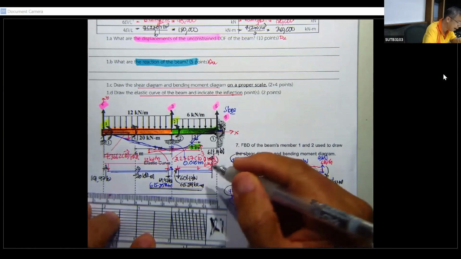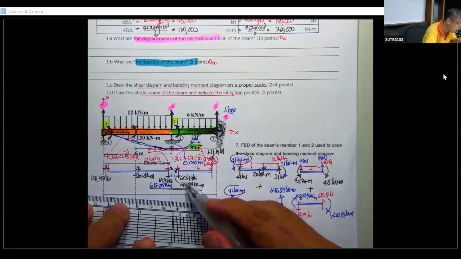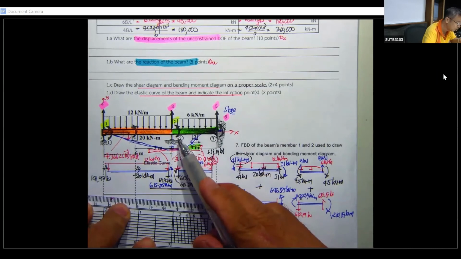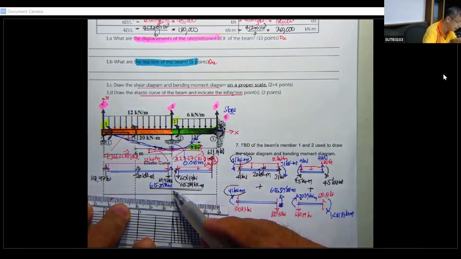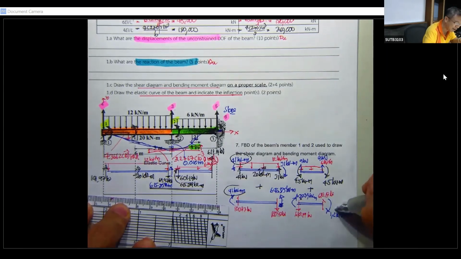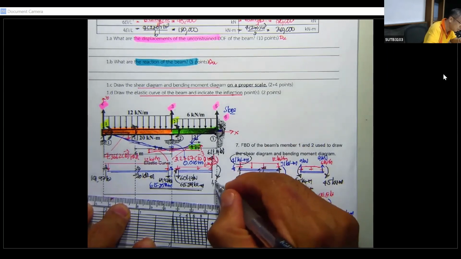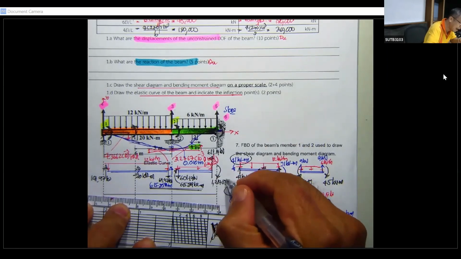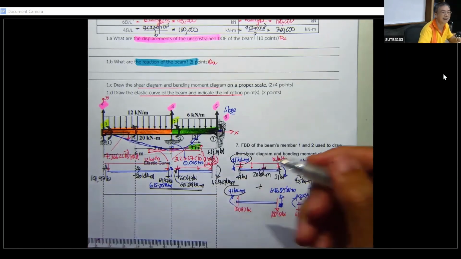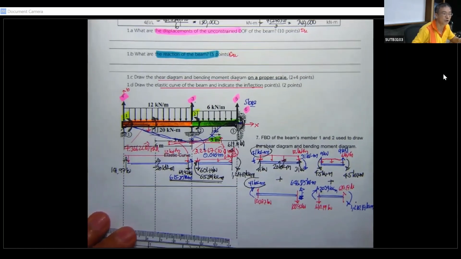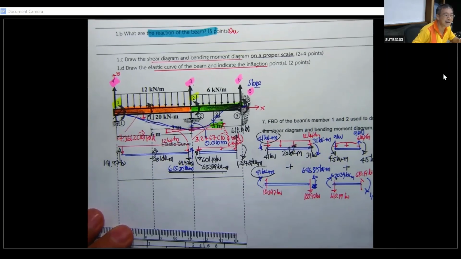Okay, this is the balance of the moment of node number 2. This is important to check. Okay, and the last one, this one 4.5, 1214.69 kilonewton meter. Now you are ready to draw the shear diagram.